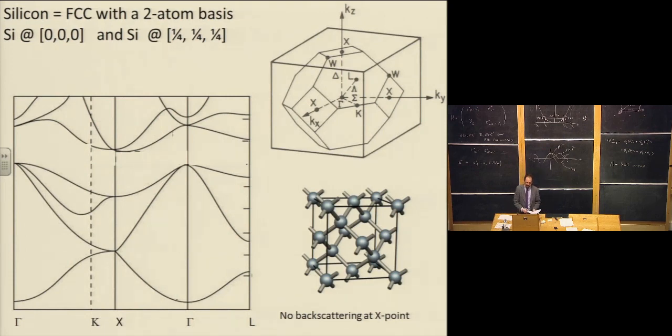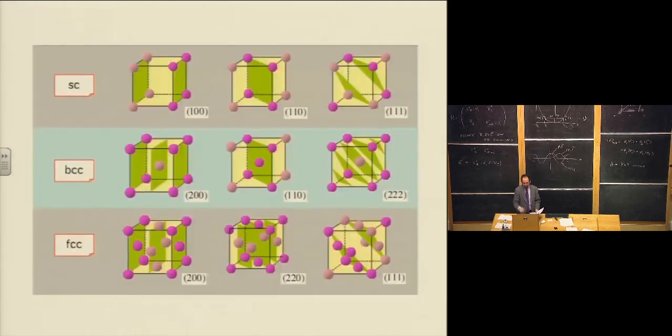And the reason it's not 100 is because 100 is not a reciprocal lattice vector for the FCC lattice. You'll remember, back to this picture here, that 100 is a reciprocal lattice vector for the simple cubic lattice. If you define the planes by the 100 Miller index, you get these planes here. But the FCC lattice has some additional lattice points in the middle. So 100 does not get all the lattice points.